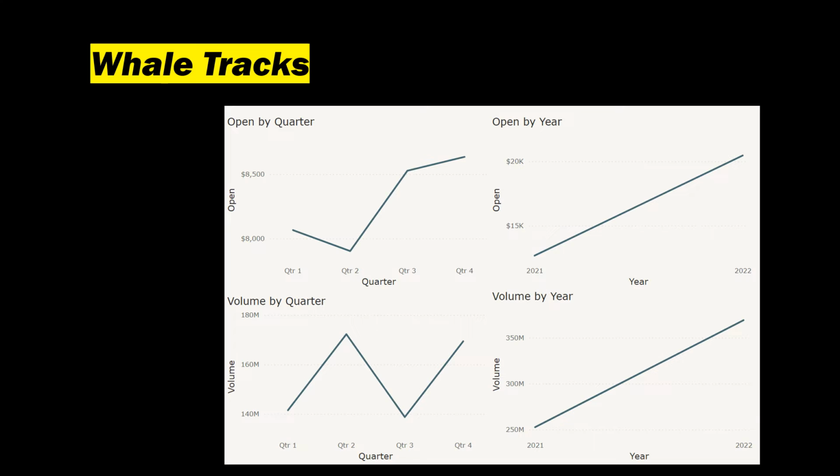As the quarters went on and the volume went up or down, it was being adjusted so that the pricing for the shares would be maintained, showing that there was a large quantity of people, if not a whale, continuously maintaining the pricing of each of the shares. Every time the volume would go up or down, it's how the pricing would be affected so that it would ultimately keep on track for what their values would be.